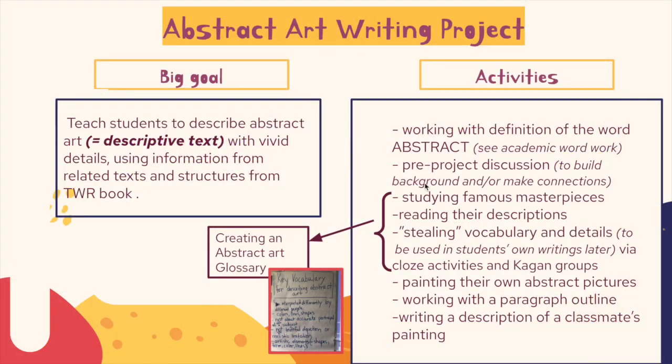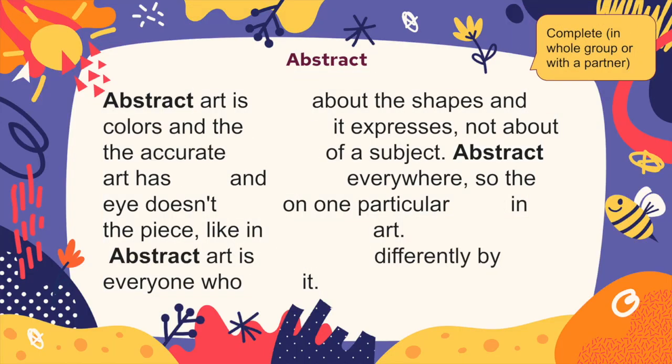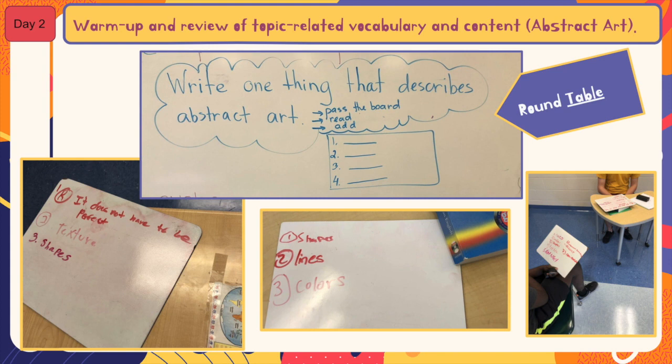In the writing project, the big goal was to teach my students to write a descriptive text with vivid details using information from related texts. Throughout the week, we were reading and writing and creating a little abstract art glossary. You will see all kinds of activities, cloze exercises, exit ticket, review of vocabulary via some of Kagan structures.